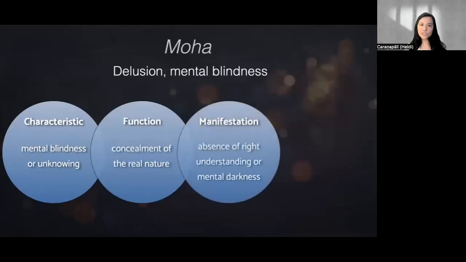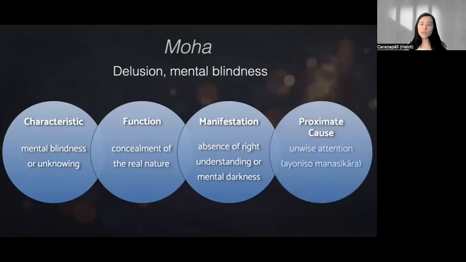And its manifestation is the absence of right understanding, or mental darkness. Very dangerous, right? It's like there is no light in the room, and we cannot see anything. The opposite of moha, which is panya, wisdom, is compared to light. When we turn on the light, then we can see. With moha, we cannot see anything. Then its proximate cause is unwise attention, yoniso manasikara.